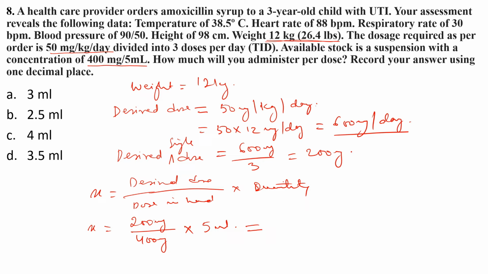So 200 divided by 200 we get 1, 400 divided by 200 we get 2, which is equal to 1 by 2 multiplied by 5 ml, which is equal to 2.5 ml. So the child should receive 2.5 ml of amoxicillin per dose, which will be equal to 200 mg per dose, and in a day will be 600 mg per day. So the correct option here is option B, that is 2.5 ml.